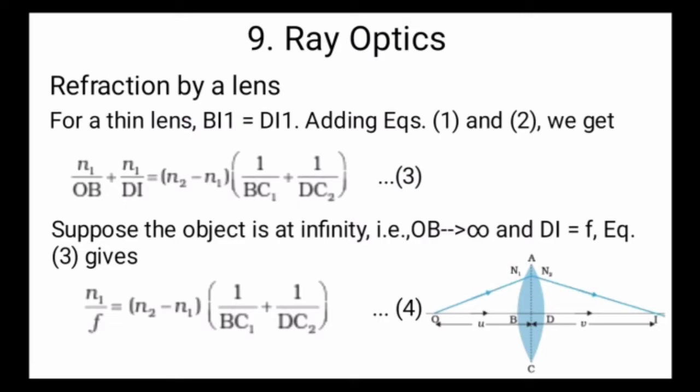Suppose the object is at infinity, then OB tends to infinity and DI will be equal to f. Equation 3 gives n1 upon f is equal to n2 minus n1 into 1 upon BC1 plus 1 upon DC2, and this is equation number 4.